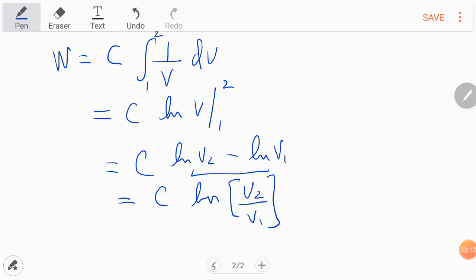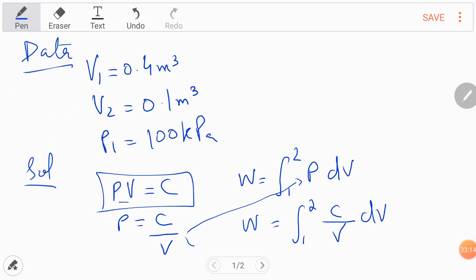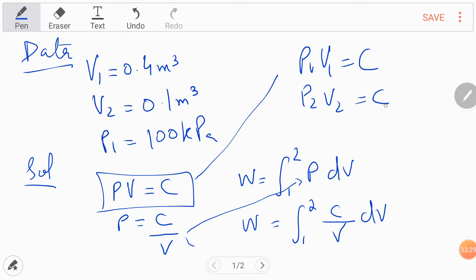And from C we can find the value of C. C is equal to simple PV, so I can write P1 V1 is equal to C, or P2 V2 is equal to C. In both states, C is constant while pressure and volume values differ.